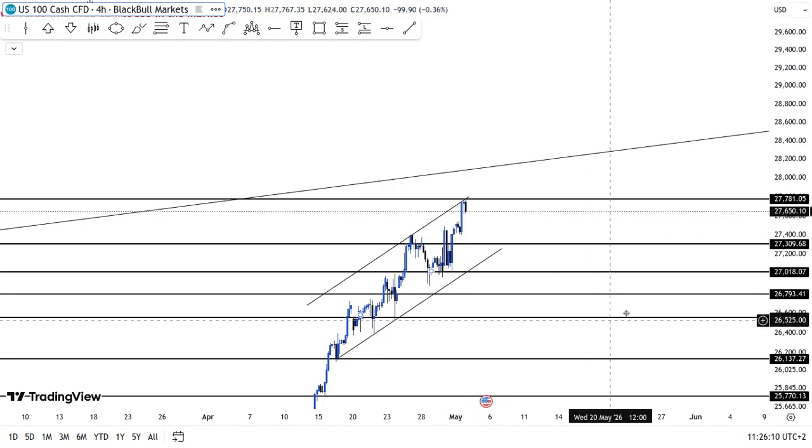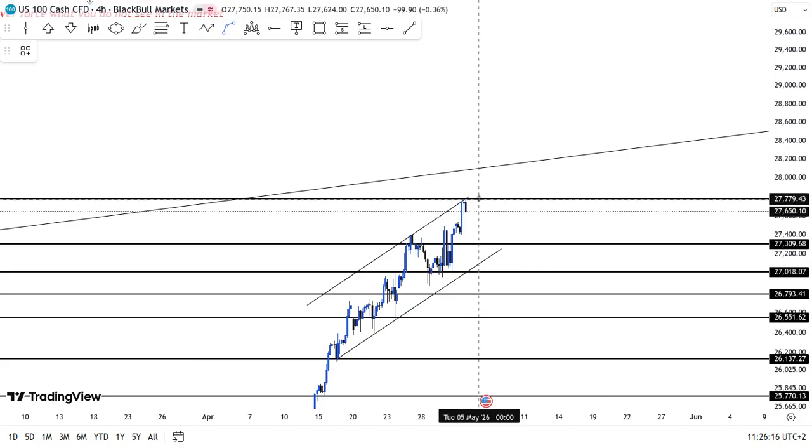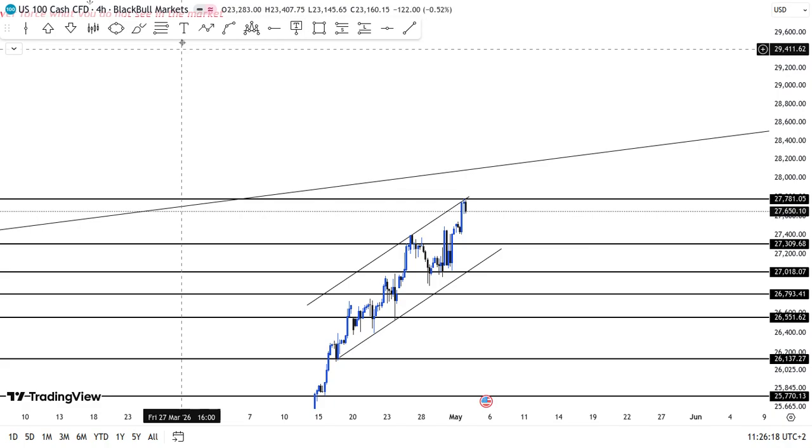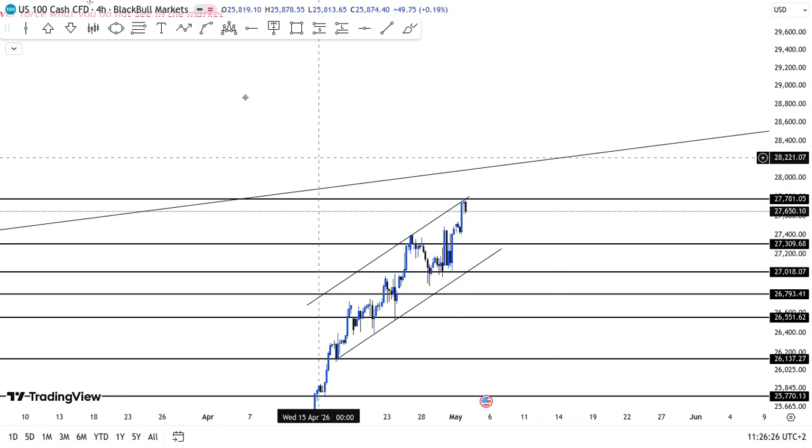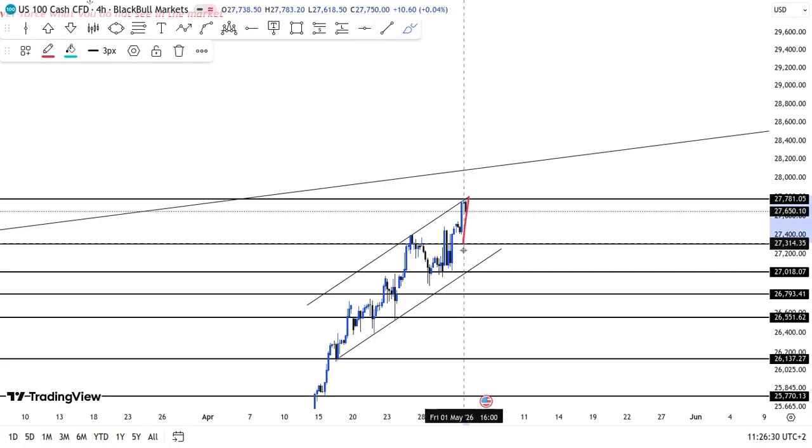You can easily say, whenever price curves, it is a zone. Take it as a snake. Simple. From here, price curved, price curved, price curved.